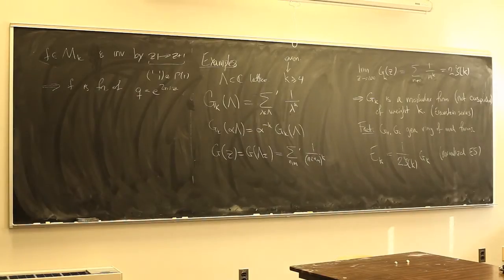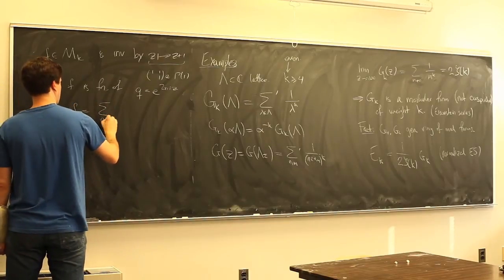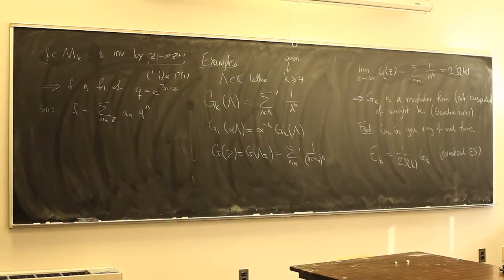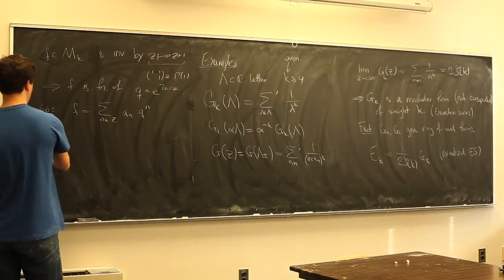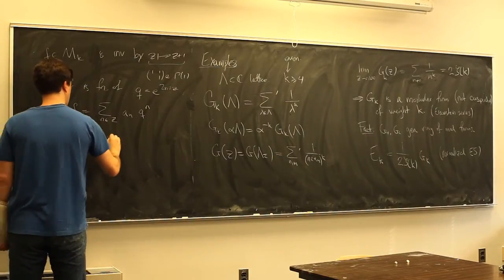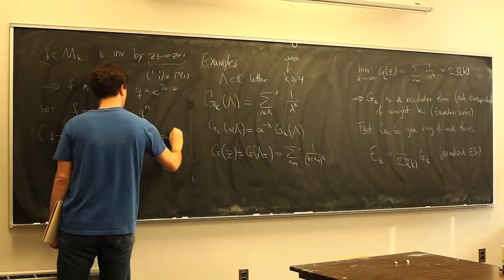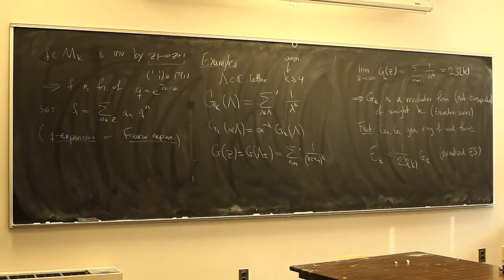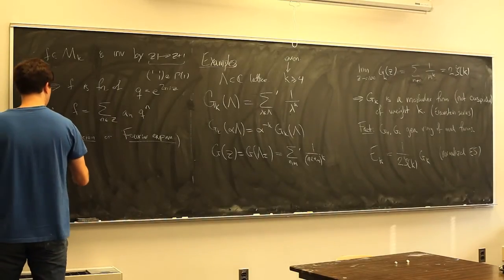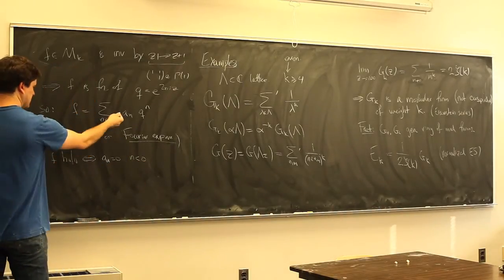So you can expand f into powers of q. And this is called the q-expansion or the Fourier expansion. And the condition that f is holomorphic just means that these a_n vanish for n less than 0. And cuspidal means that a_0 vanishes as well.